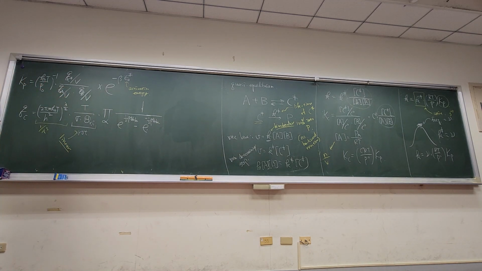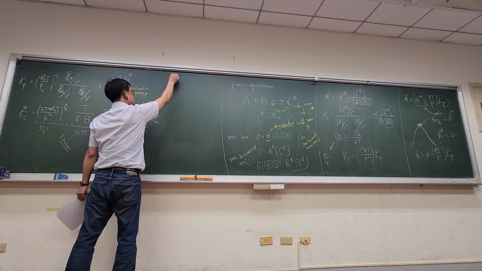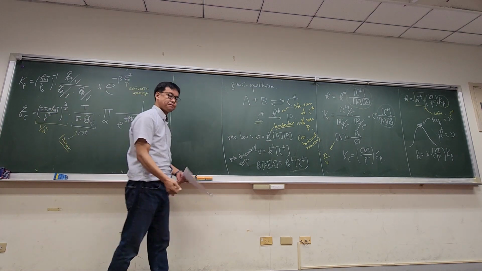So activation energy in this case is the total difference in the electronic energy, comparing your transition state and your reactants. So maybe this makes it a little bit simpler.